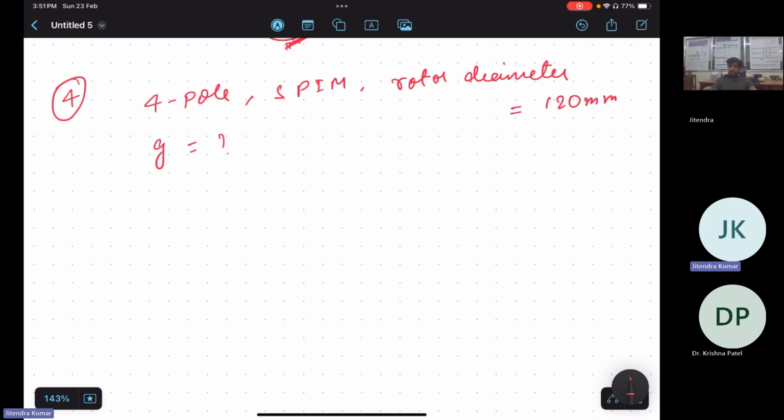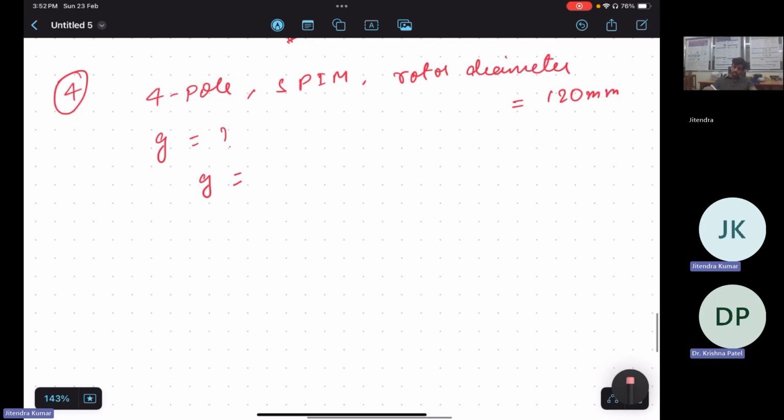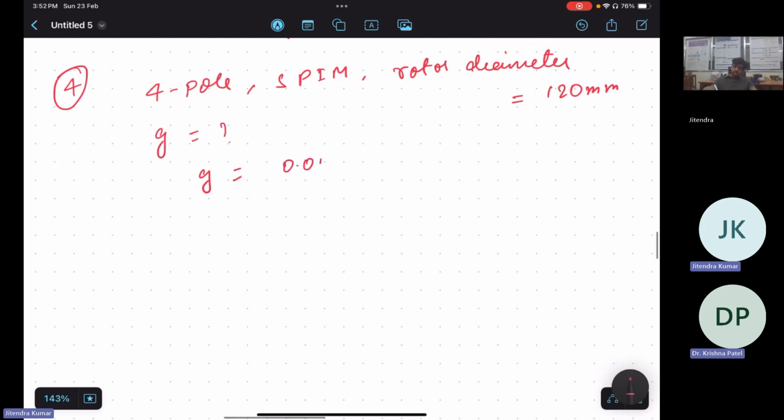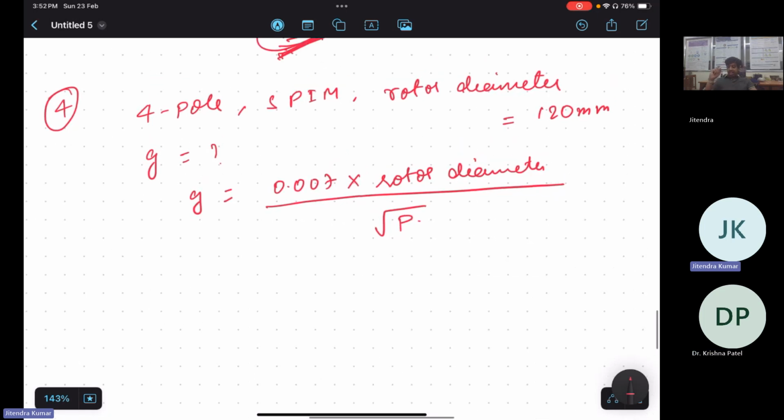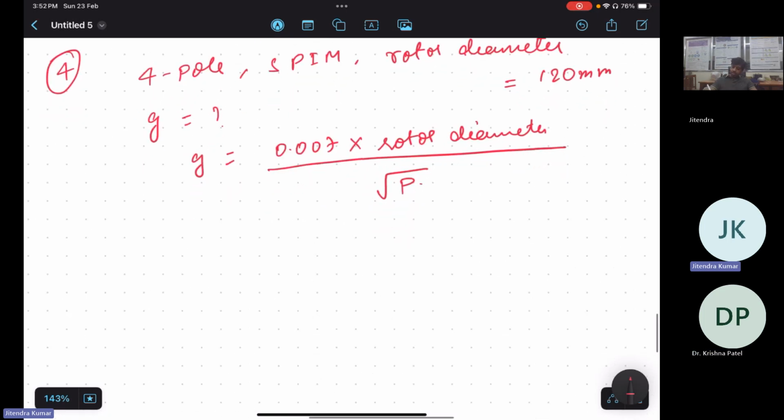So Dr. Krishna Patel, do you have any expression for the air gap? I think you are on mute. LG is equal to 0.007 into rotor diameter into root P, where this P is the number of pole pairs.